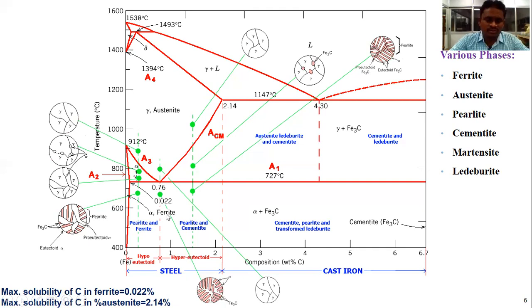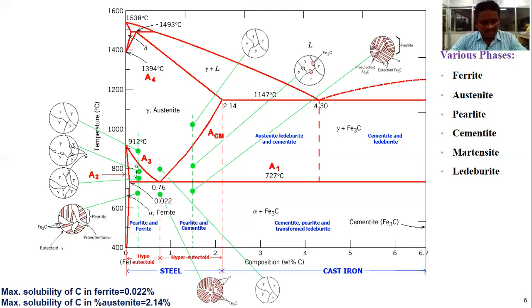Ferrite is an interstitial solid solution of carbon dissolved in iron. The maximum solubility of carbon in alpha iron at room temperature is 0.008 weight percentage of carbon. As the temperature increases, the dissolution of carbon in alpha iron also increases and reaches 0.022 weight percentage of carbon at 727 degrees centigrade.